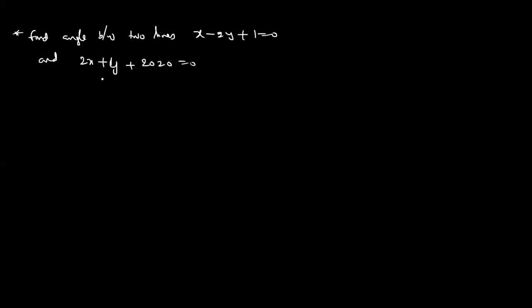Question. I'm giving this easy example. Find the angle between two lines. Some simple example I'm taking: x minus 2y plus 1 is equal to 0, and 2x plus y plus 20 is equal to 0. What is the answer?